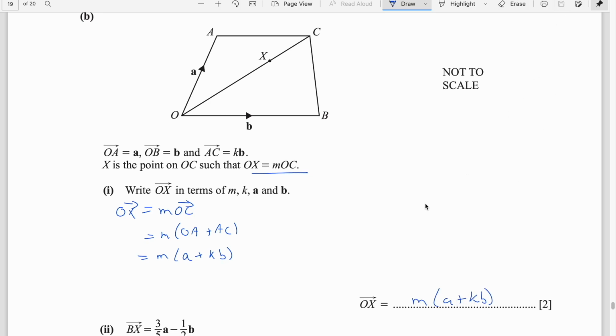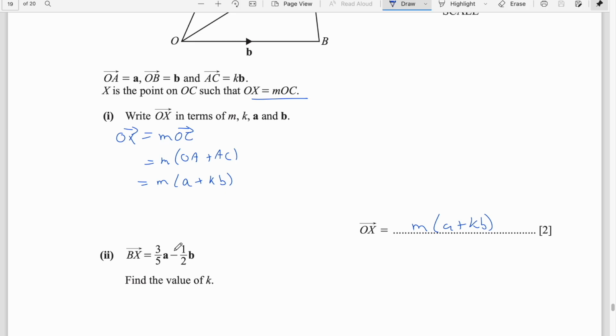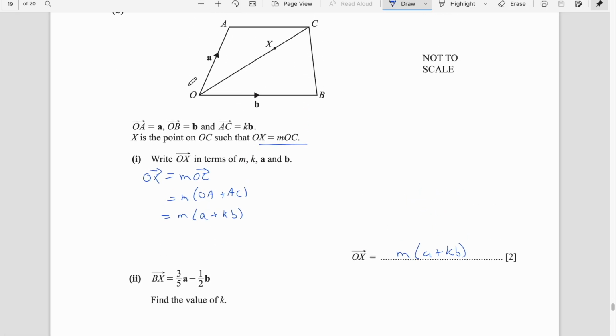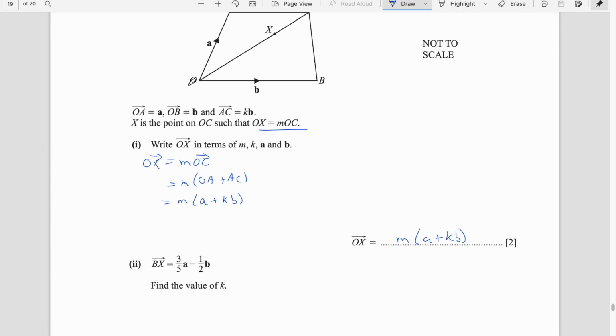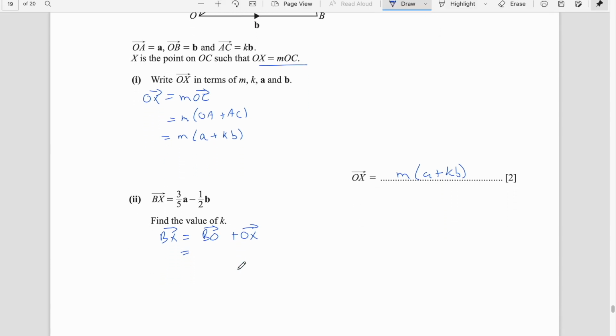Now BX is given. Find K. So let's use this and see BX should be equal to BO plus OX. Let us record the values from the given data.